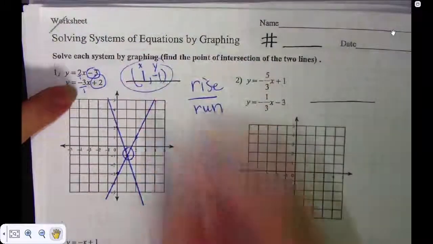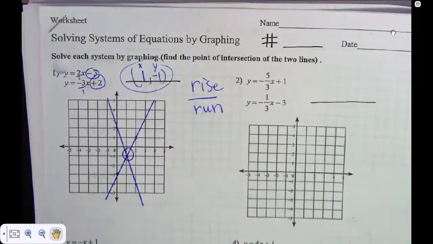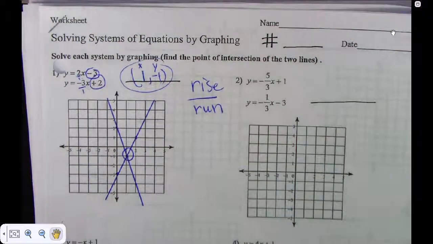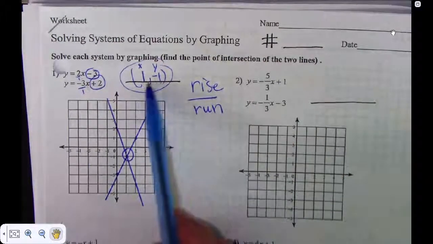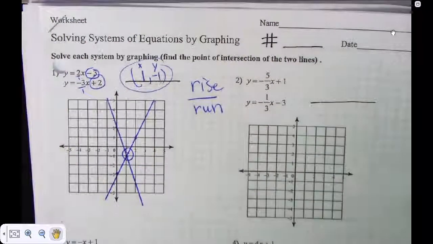And what does that point tell us? What does that point give us? The answer to what? What does that (1, -1) tell us? It's the point for what? For the intersection of both lines, guys.